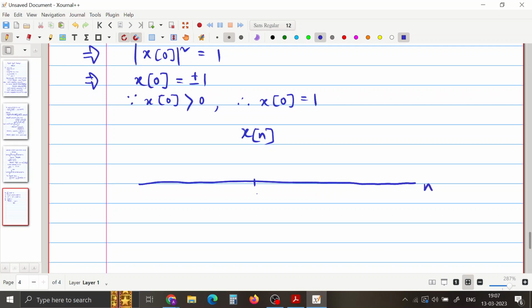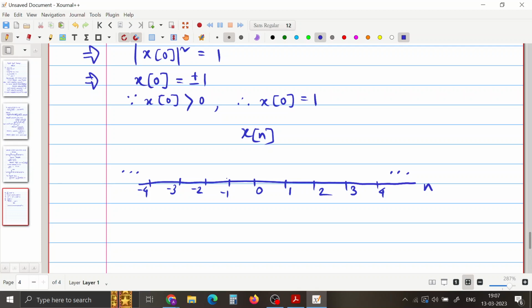So let's say 0, 1, 2, 3, 4, and so on. Here we have -1, -2, -3, -4, and so on.